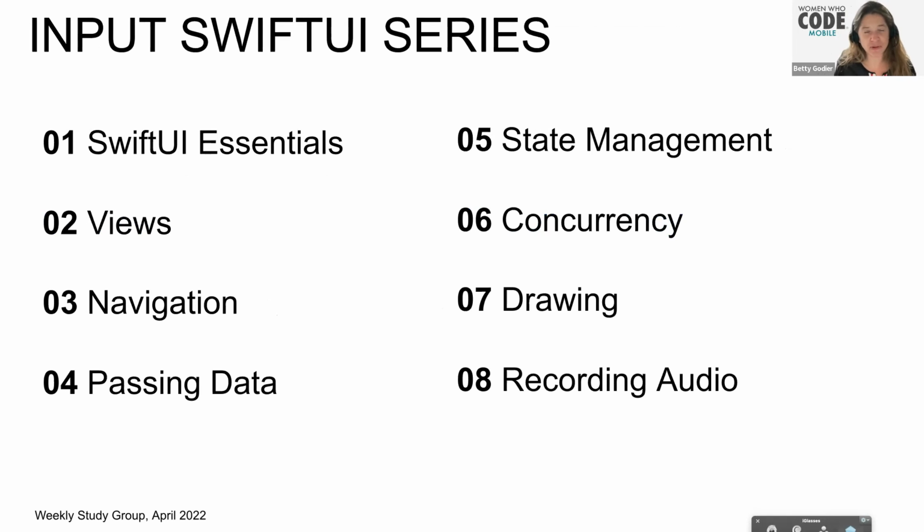What are the inputs of this SwiftUI series? There are 8 inputs, and we try each week to do one input and one chapter, but sometimes the tutorial takes more time.